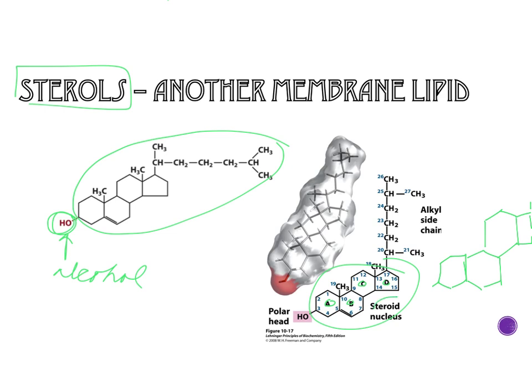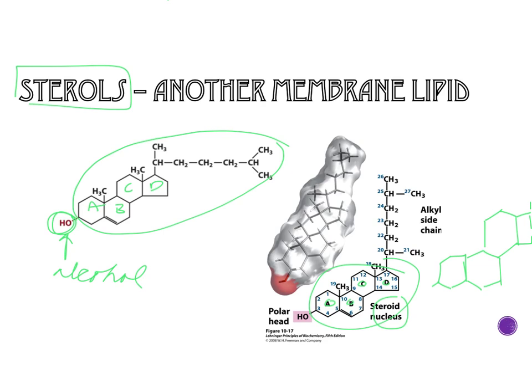Again, this is a steroid nucleus, so you're going to see this when we talk about steroids, but it's common. I don't want to call it nomenclature, but symbols for it are A, B, C, and D, going in this case from left to right.